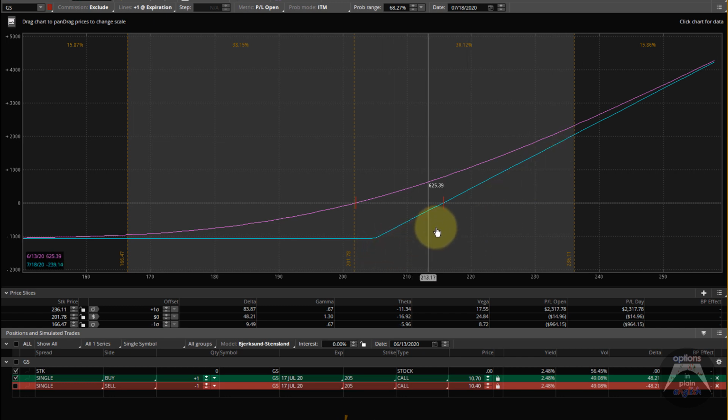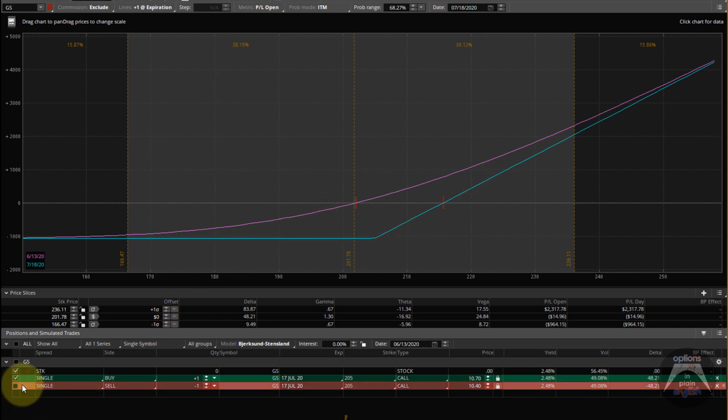So as you start moving, not only are you making money, but you're making more money as you go. That acceleration of profit is called gamma. And when you have gamma, you have to pay for it with negative theta. That's the exchange. That's the flip side to being positive gamma.